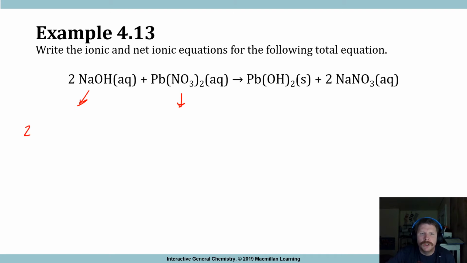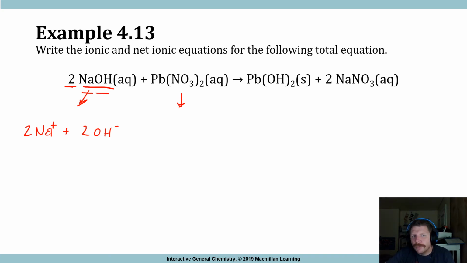We're going to say 2 Na+, and I'm going to skip writing the states just for the time being, but to do it properly, you would include the states. So I'm going to say 2 Na, then 2 OH. And I want to say that because this 2 coefficient is in front of NaOH, it applies to Na and OH.